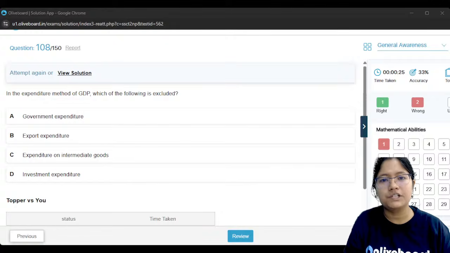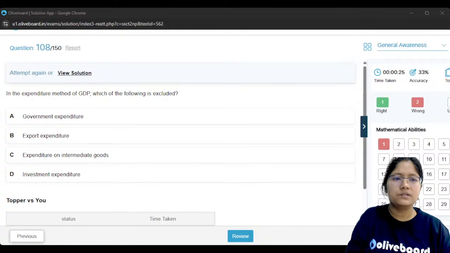For GDP, household consumption we denote as C. Business investment we denote as I. For the government, whatever expenditures they do on welfare, infrastructure, goods and services, and salaries, all these we put in here. And then we have the exports and the imports that we are making. Now let us look at the options.